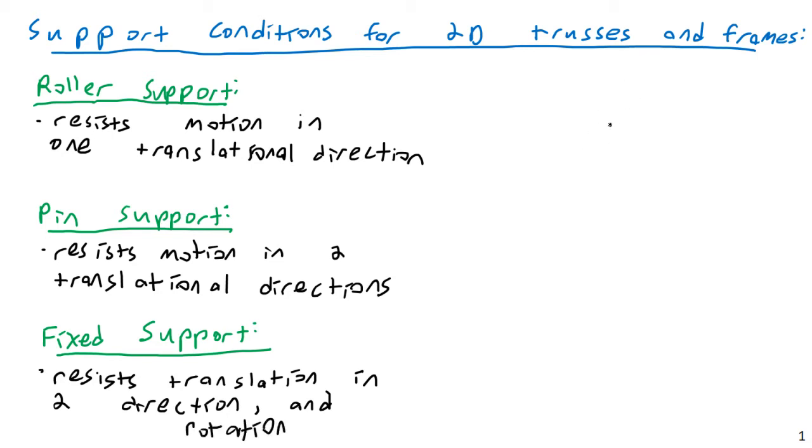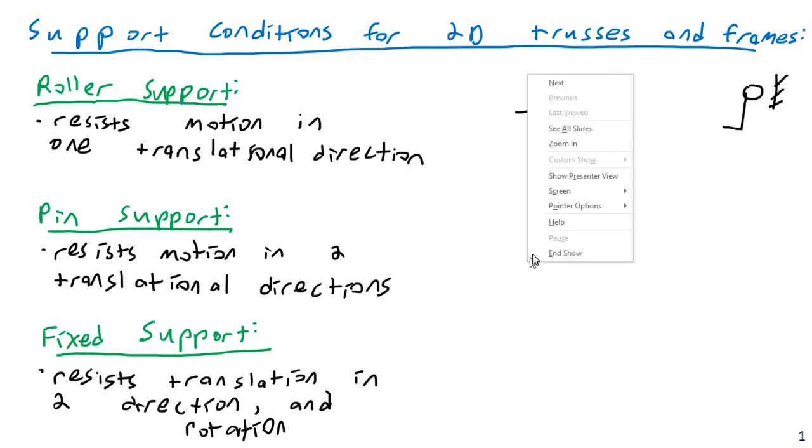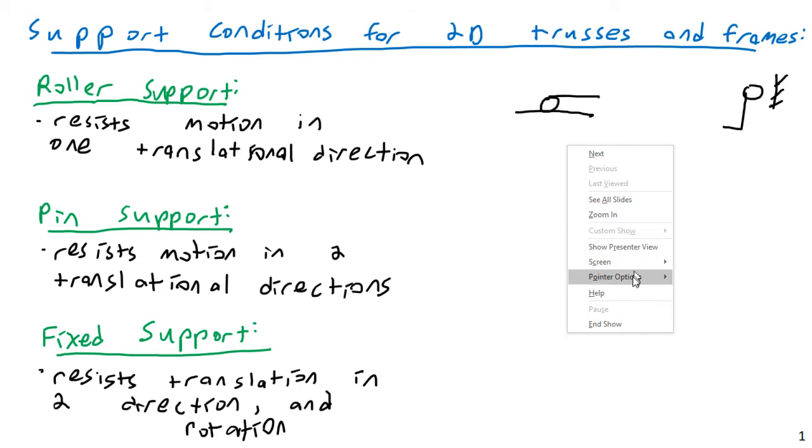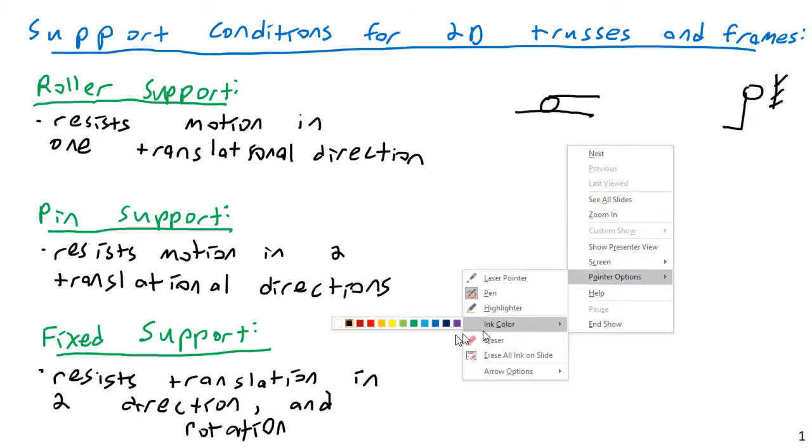As far as what these look like, this roller support is always defined such that the translational force is perpendicular to the surface. So we could draw something like this, a roller support, simply like this. Or we could have a variant up against a wall, with a frame coming out of it. And let's show the forces that would be resisted by this.